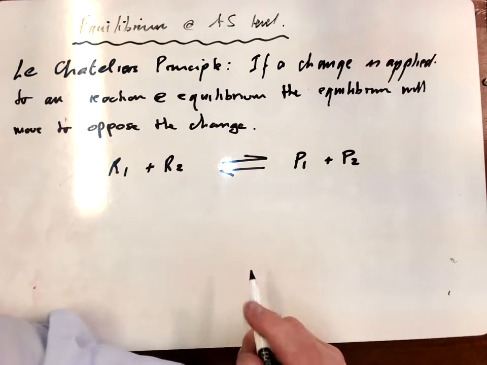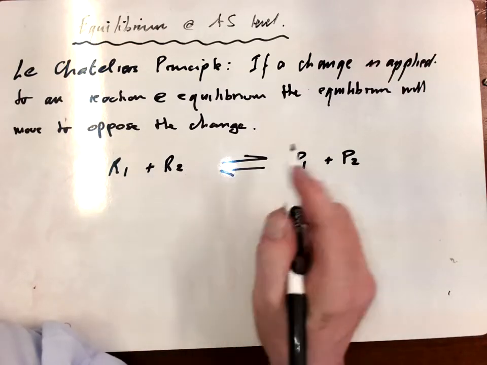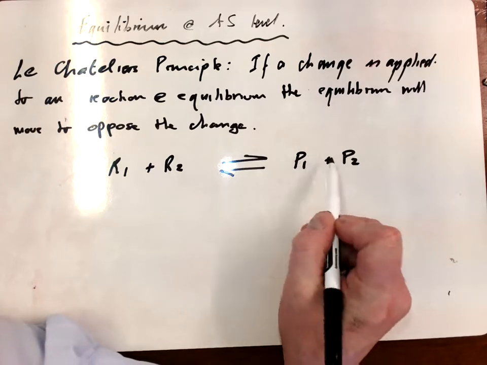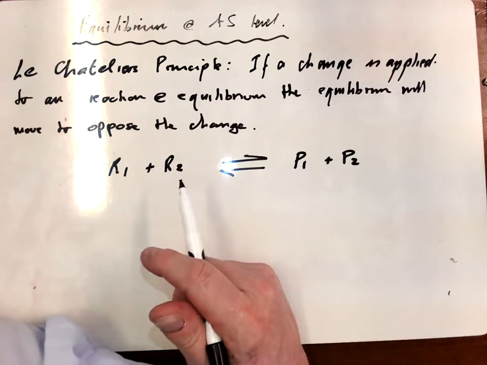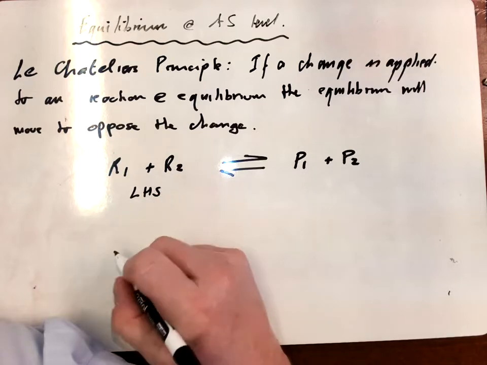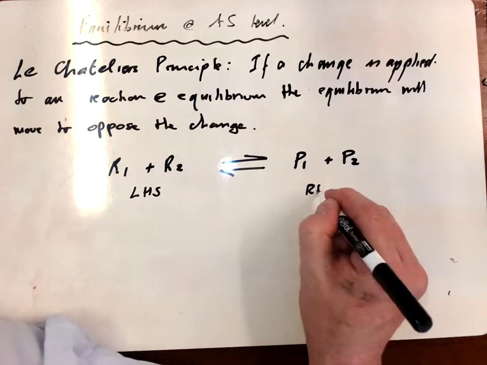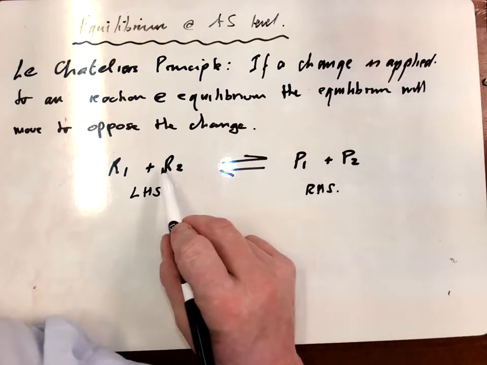What does that mean? Well, it's essentially saying that reactant 1 can react with reactant 2 to make products, but also the products can react with each other and turn back into the reactants. So we talk about an equilibrium sitting to the left hand side, which would mean that we have more reactants than products. We talk about it sitting to the right hand side, which would mean we have more products than reactants.